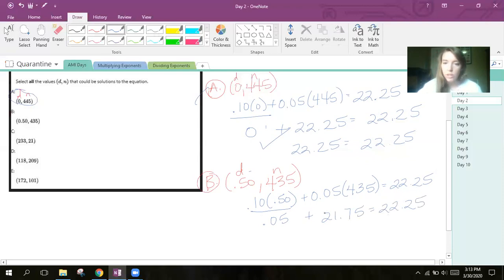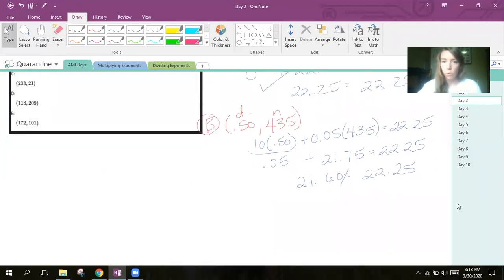Okay, so then I need to add 21.75 to 0.05, and that gives me 21.60. So does 21.60 equal 22.25? Nope. So that one would not be a solution.